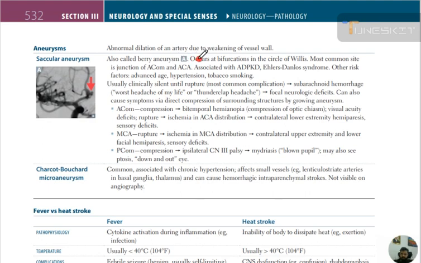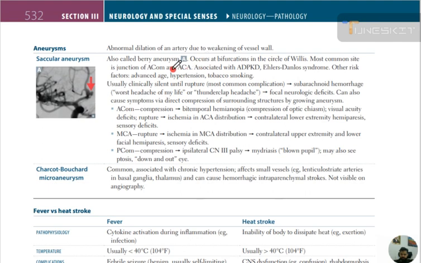It occurs at the bifurcations of the circle of Willis. The most common site is the junction of the anterior communicating and anterior cerebral artery, associated with autosomal dominant polycystic kidney disease and Ehlers-Danlos syndrome. Other risk factors include advanced age, hypertension, and tobacco smoking.